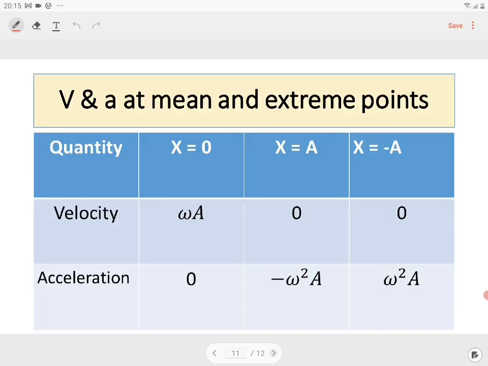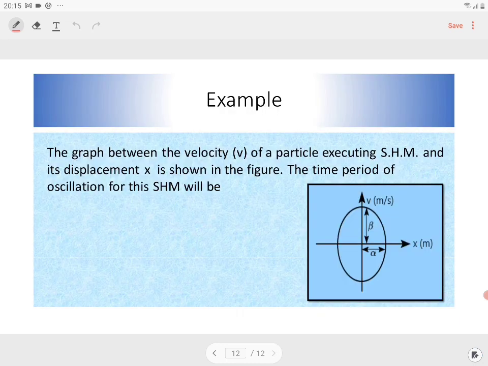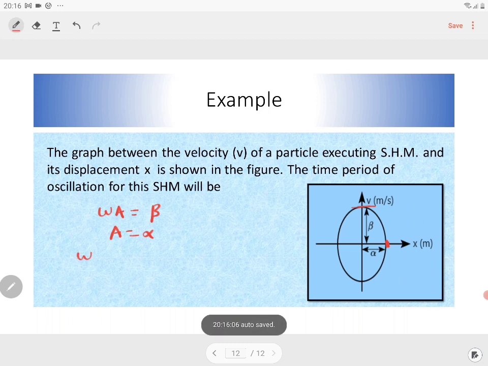So now, compare this here. In place of A omega, we have beta. In place of A, we have alpha. That means omega A is equal to beta, and A is equal to alpha. Take the ratio of these two. Omega A divided by A is equal to beta divided by alpha.